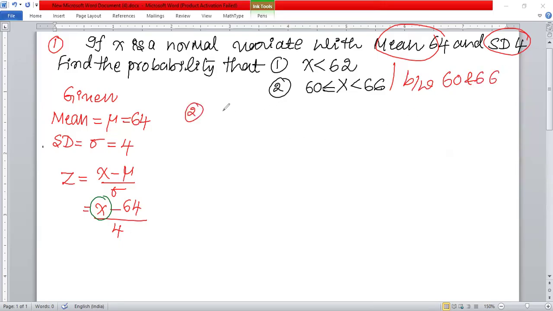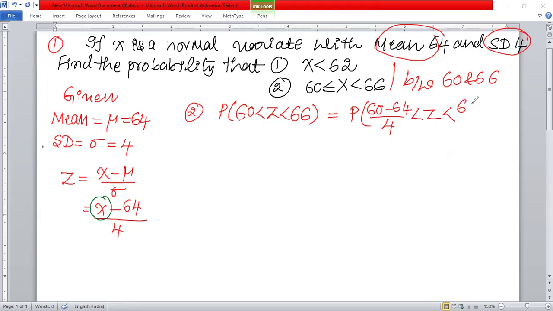Now the second one: probability 60 less than x less than 66. That is equal to probability 60 minus 64 divided by 4 less than Z less than 66 minus 64 divided by 4.